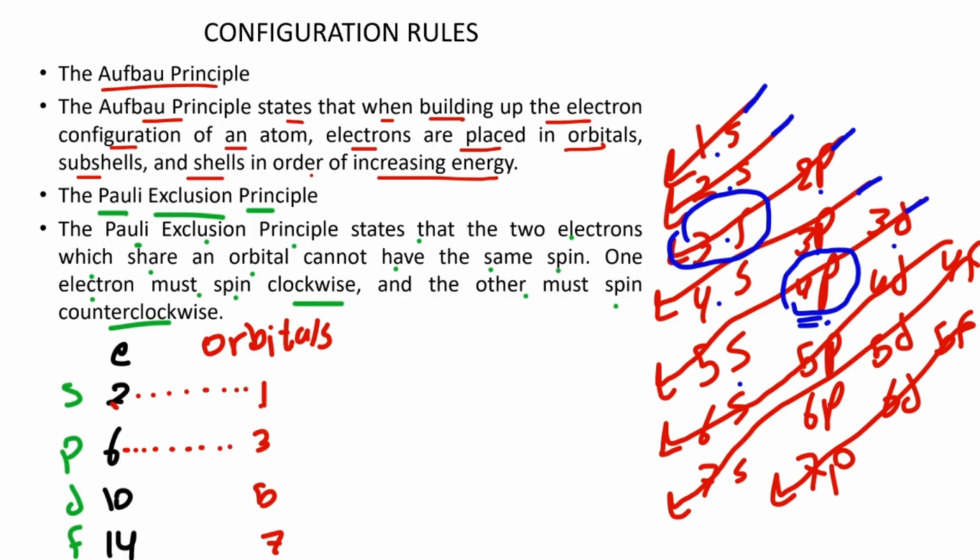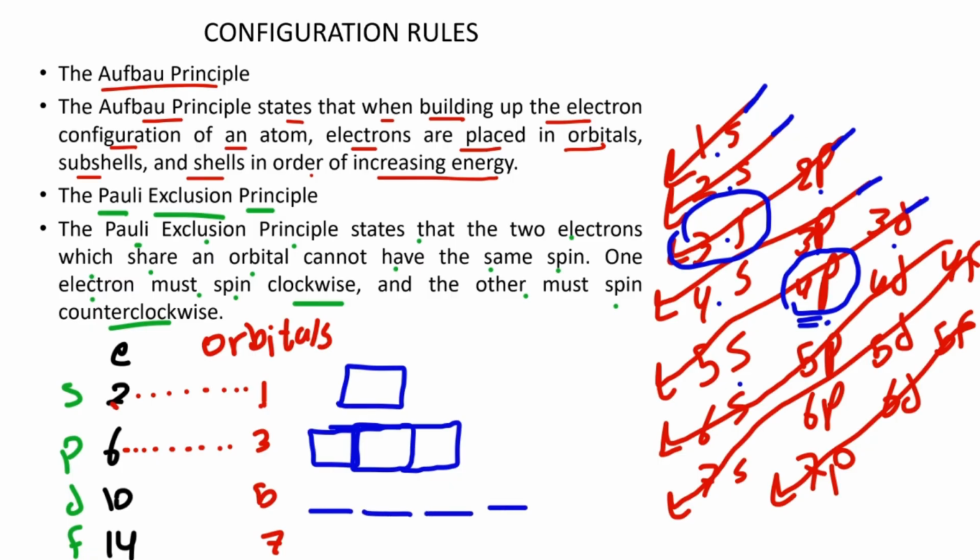So if we want to draw the orbitals, each orbital will be drawn as a box. So here we have 3 orbitals for the p, for the d we have 5 orbitals, and for the f we have 7 orbitals. Each orbital can hold 2 electrons. Now, based on the Pauli exclusion principle, if the first electron was clockwise, the other must be counterclockwise.